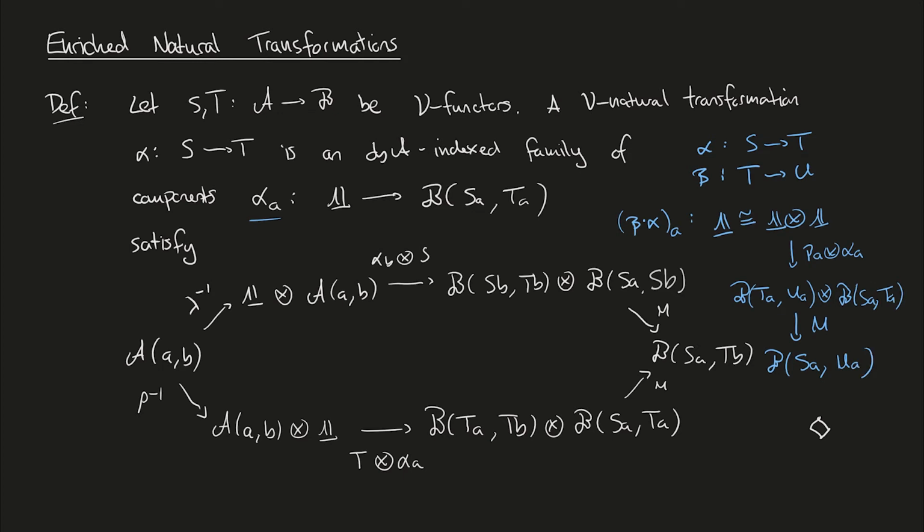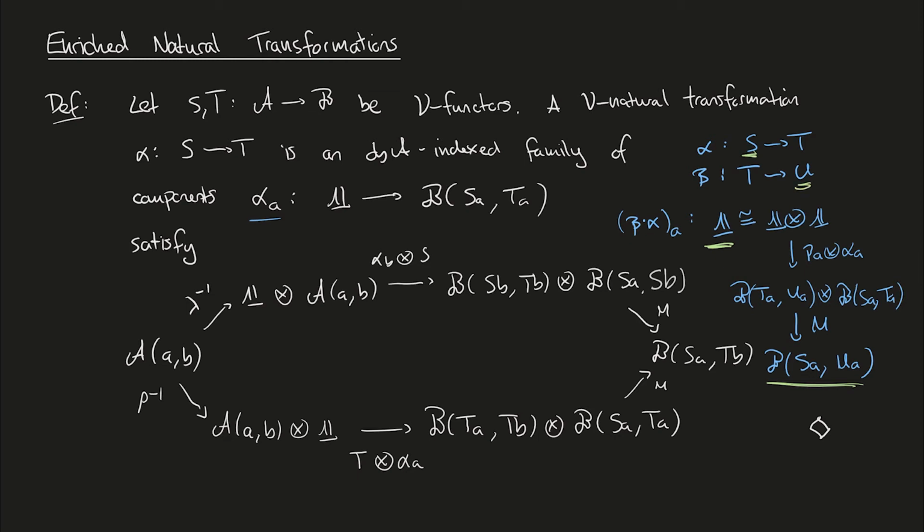So this is actually now a map. If we look at the entire composite of these maps, this is a map from the monoidal unit to the hom object between SA and UA, which is exactly what we need for a component of a natural transformation between S and U.